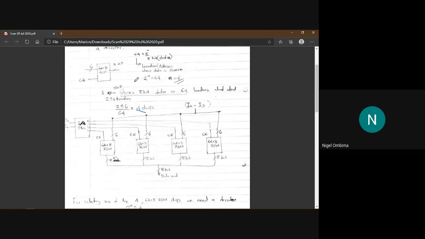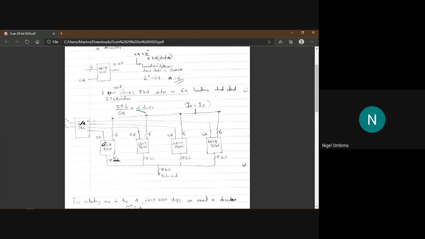So I went on and drew the external structure of it. I took this ROM now, because there are 4 of them. There are 4 of them, each with a chip enable input, and their input. Ignore hizi vitu zingine kwanza.